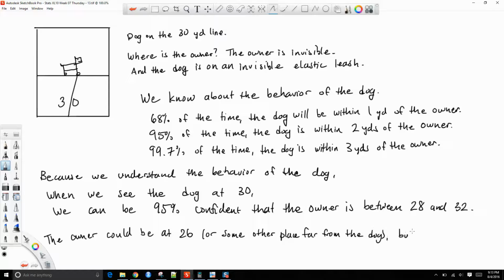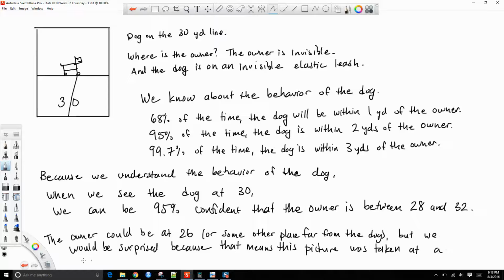Okay, but we would be surprised because that means this picture was taken at a rare time when the dog went far from the owner.